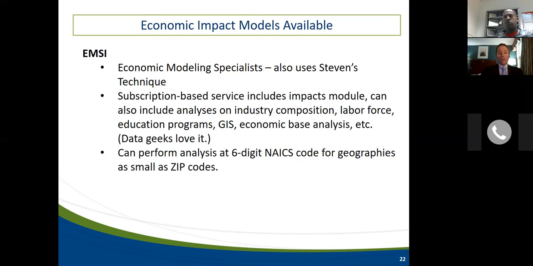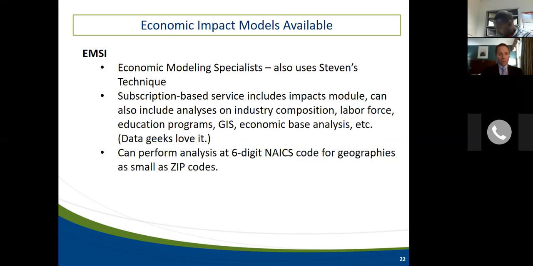And by the way, if you do get access to an EMSI subscription, it has great data. In addition to economic impact analysis, it has great data about industries and occupations and historic employment trends and projections in the future. You can do a lot of cool stuff with the tool. So if someone you know has access to it, you should just poke around and see what it is.